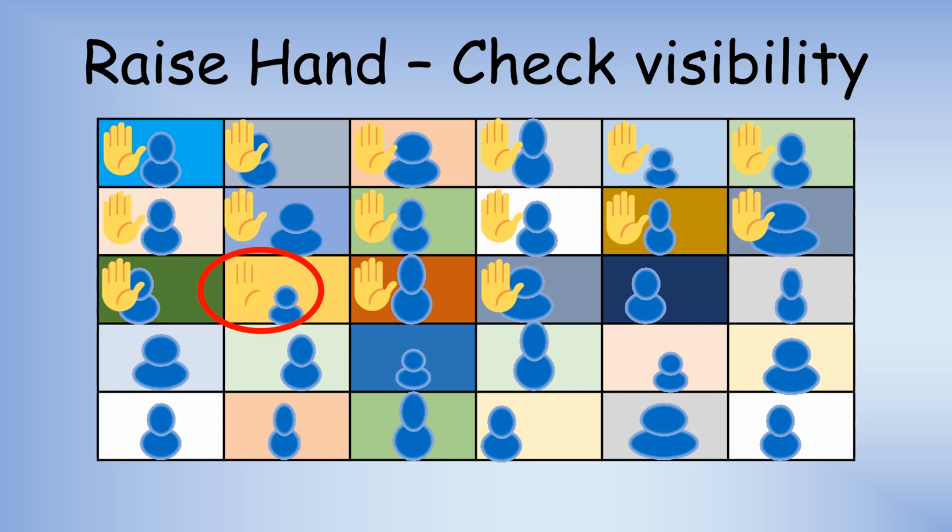If the background behind you is a real room and not a virtual background, but your hand is not visible, see if you can shift positions. Or consider hanging a sheet or some other colored cloth behind you. If you have the option to use a virtual background, then try changing to a different image.